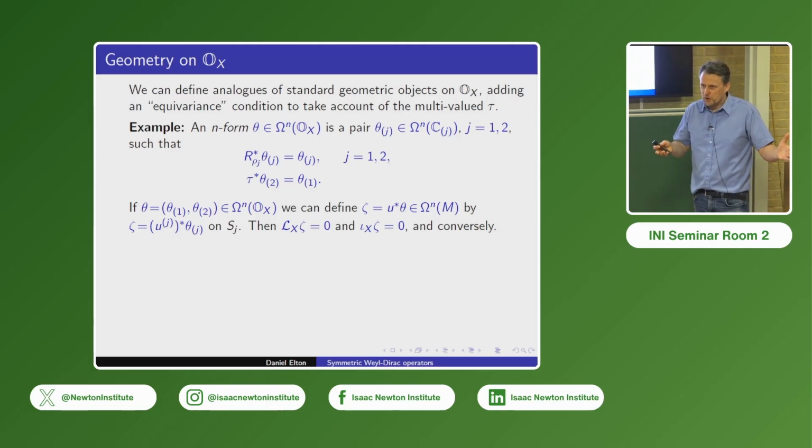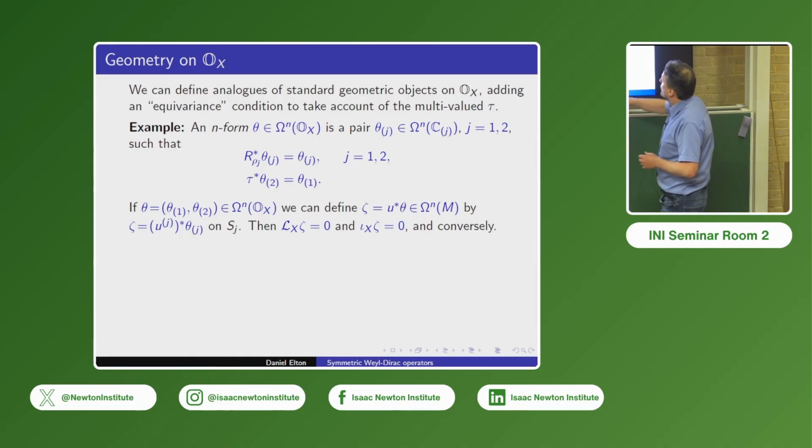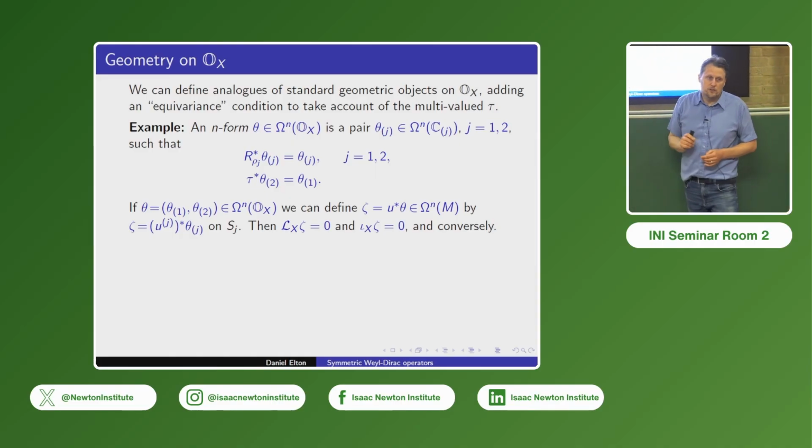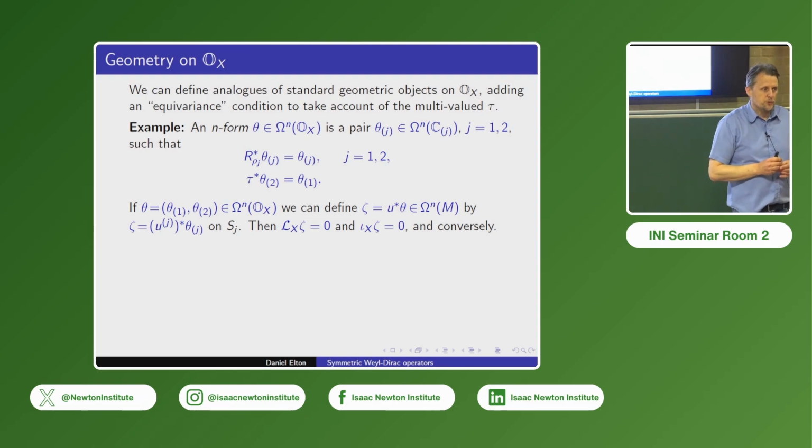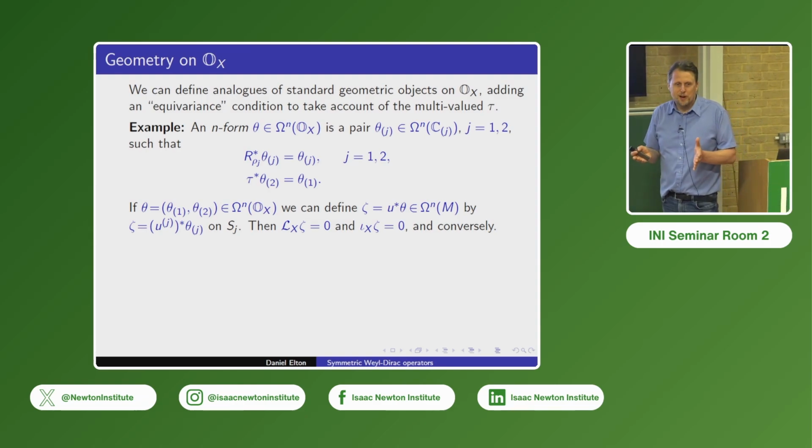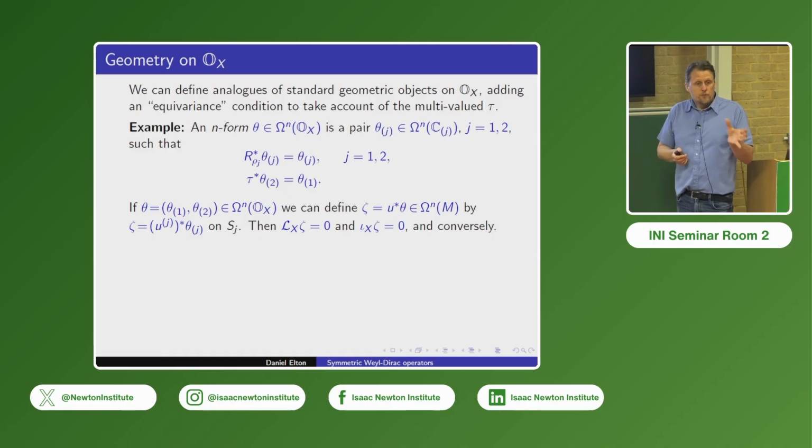That's no big surprise. We're pulling it back through something that collapses the X's down. And also the interior product with X is 0. So for a two-form, that means the two-form is parallel to X in some sense. But the converse is also true.